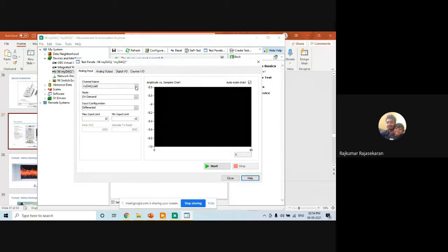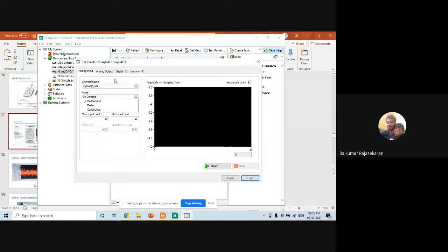Like here, if you see, we have two channels of oscilloscope, meaning we can make some measurements of analog input. I can select the hardware, I can select A0, A1, and similarly we can select whatever settings are best.